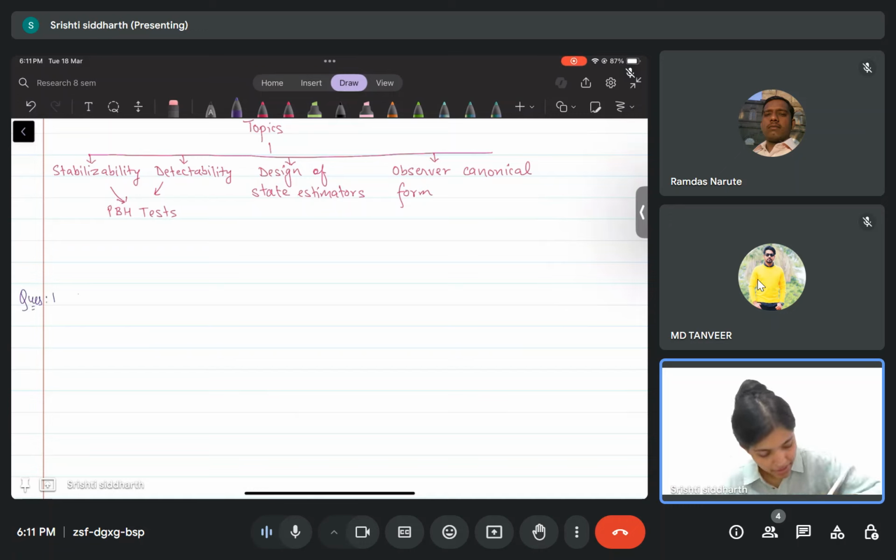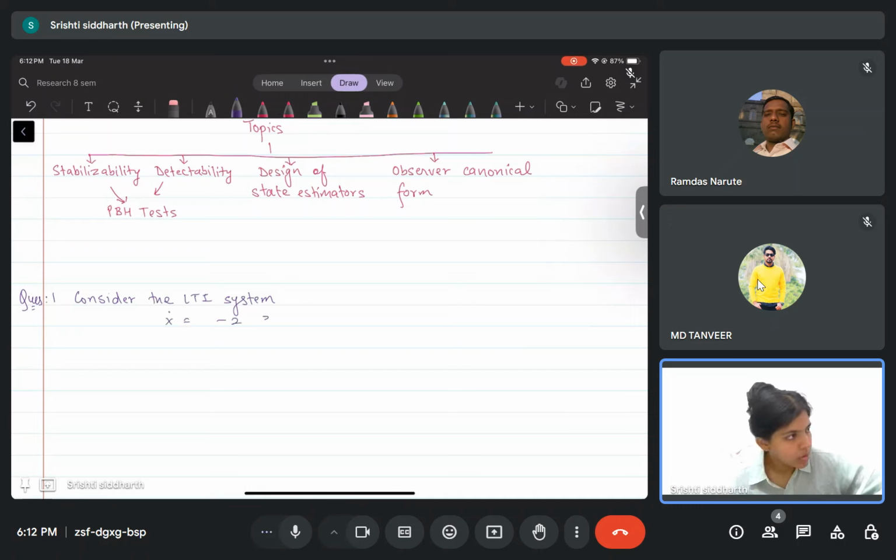Consider the LTI system x dot equals the matrix A, with rows minus 2, 3 and 0, 4, times x.